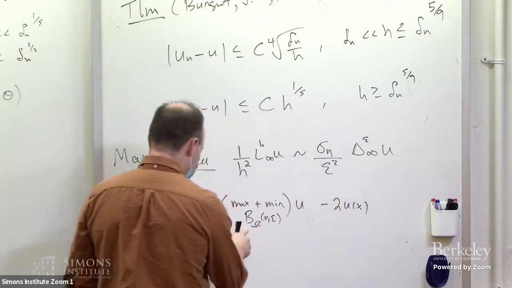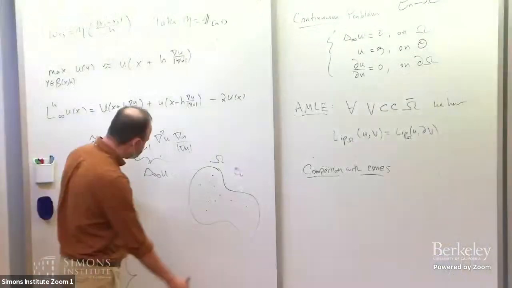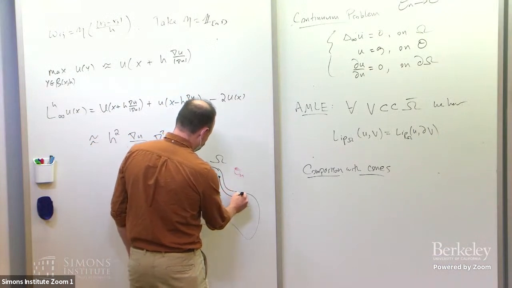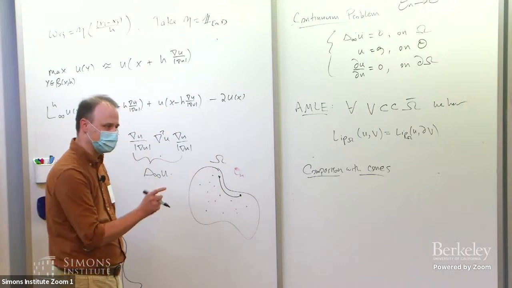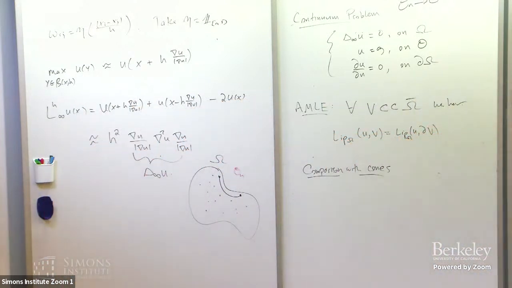I write B sub omega because, although there isn't time to explain it too much in this talk, we have to use geodesic balls. So we measure the distance between points by the shortest path in non-convex sets. Most distances and balls are all geodesic.